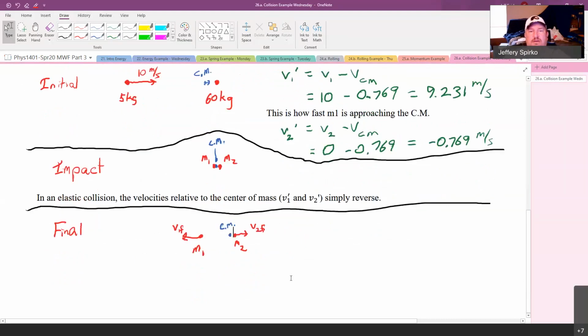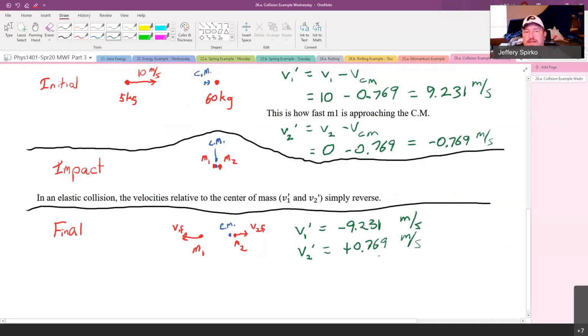So here's what we know about the two velocities. The new V1 prime is now negative 9.231 meters per second. It's the same magnitude as it was before, just in the opposite direction. V2 prime is now plus 0.769 meters per second. It's the same magnitude as it was, but now it's the opposite direction.